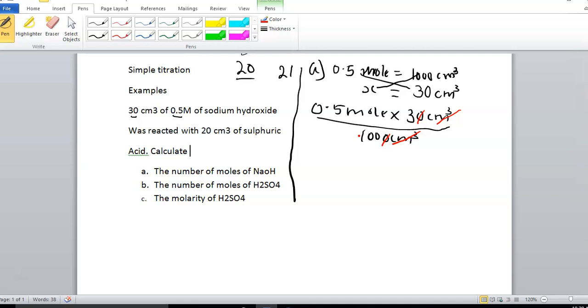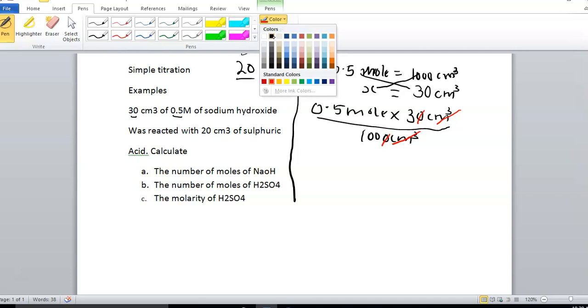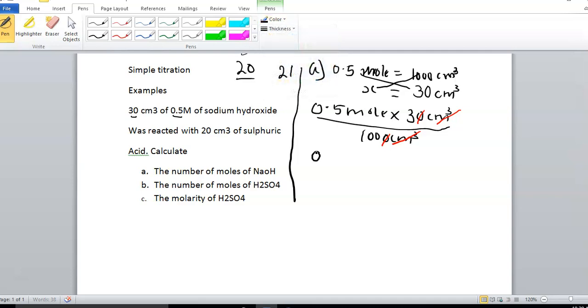Then we multiply 0.5 times 3 and divide by 100. The product is 0.015 moles of sodium hydroxide solution. So this is the number of moles of sodium hydroxide.